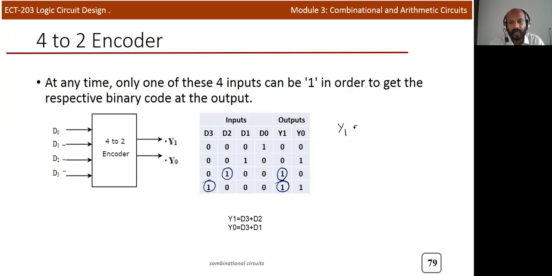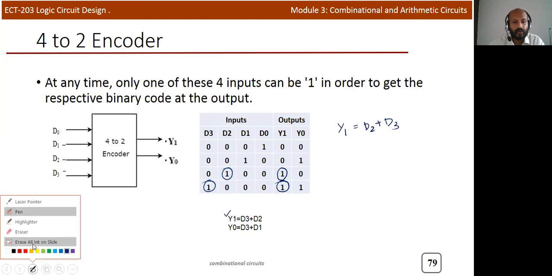So we can write very simple logic for that. There are 2 possibilities, so this is an OR function. That is why y1 is D3 plus D2. Now we can think about another possibility.